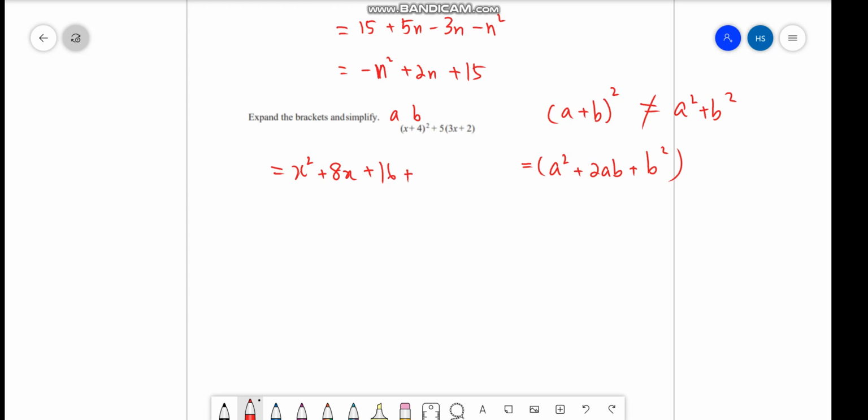Okay, so the next one, just multiply one by one. So 5 times 3x, I get 15x. 5 times 2, 10. Then you just simplify this one. So it becomes x squared, 8 plus 15 is 23x, plus 16 and 10 is 26. So this is your final answer. Very simple.